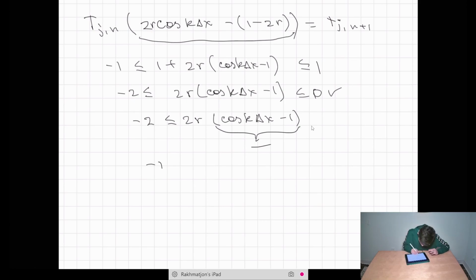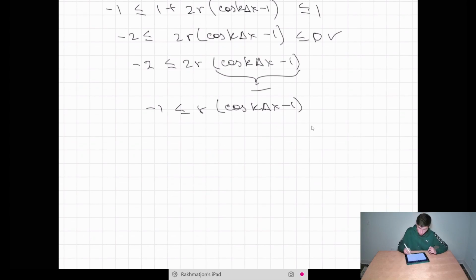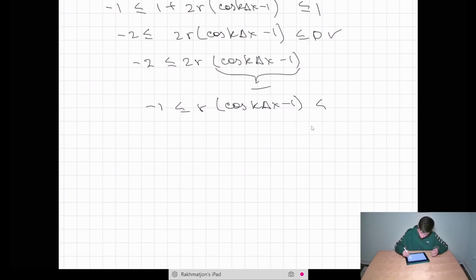The biggest number that cosine of k delta x minus 1 can get is 0, and the smallest number it can get is negative 2.